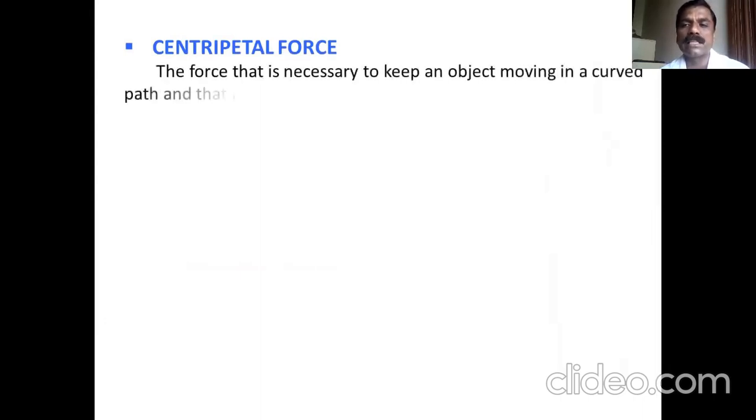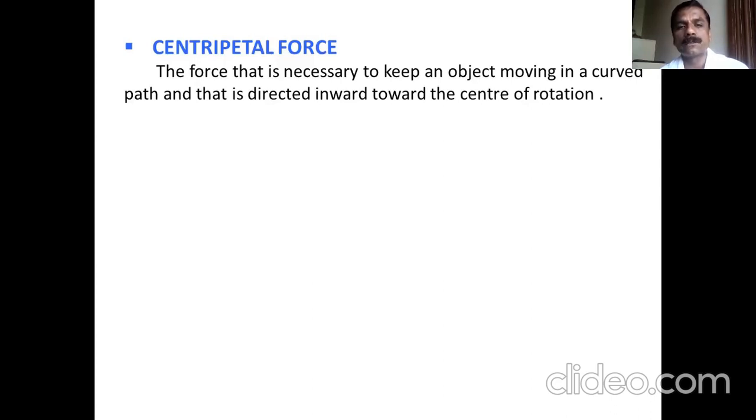As we know, centripetal acceleration is nothing but a is equal to r omega square. So we can find the necessary force which is required to provide the centripetal acceleration, and that is the centripetal force. So the force which is necessary to keep the object in the circular path is directed inwards towards the center of rotation.